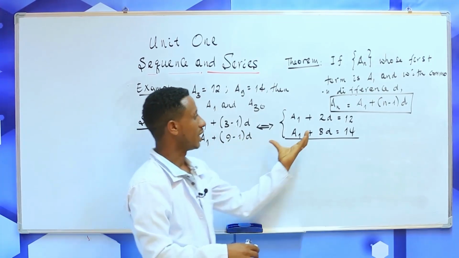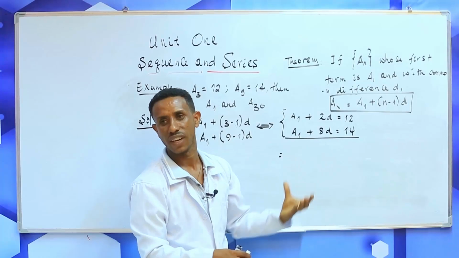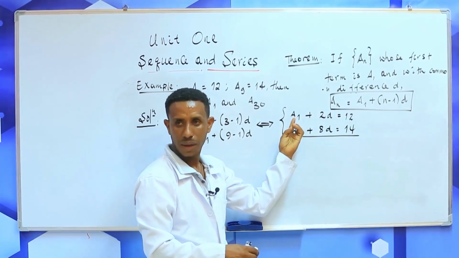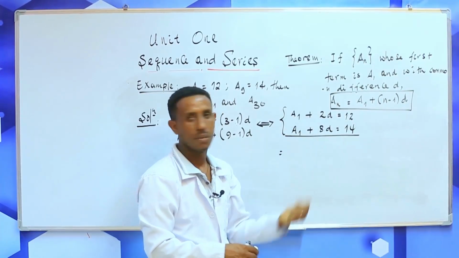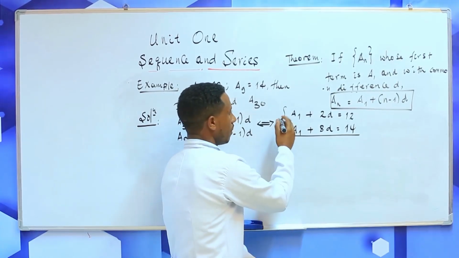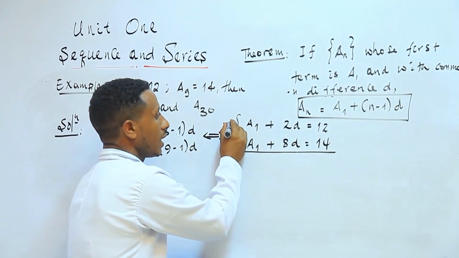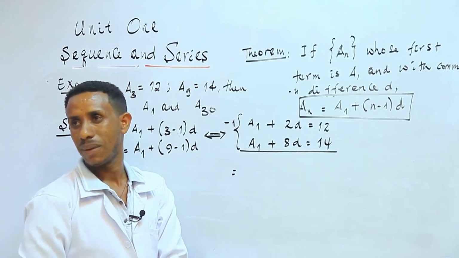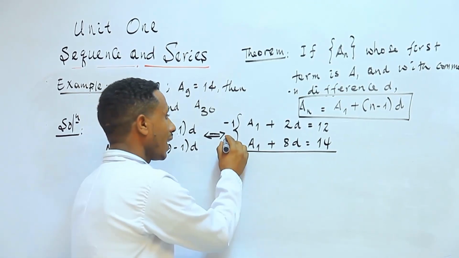And you have this system of linear equations in two variables. The first variable is A1 and the second variable is D. Then, to solve this system, please multiply the first row of the system by minus 1 and take the sum.